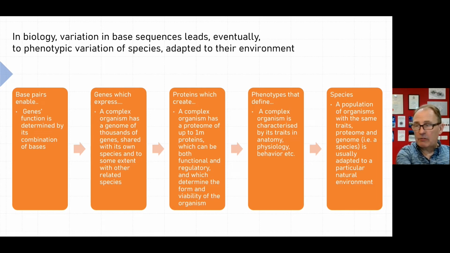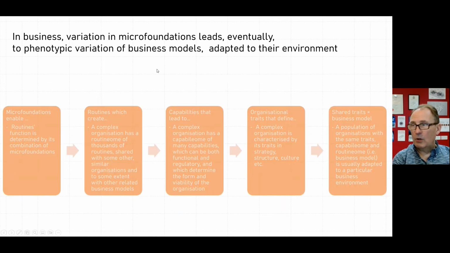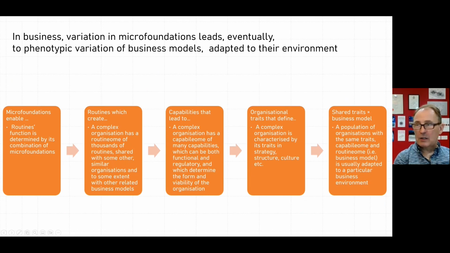We know that that phenotype is driven by their proteome. Proteome is characteristic of a species, okay? And there are different types of proteins, and we know that those proteins are expressed by genes, and we know that those genes are determined by base pair sequences. Just, biology 101.